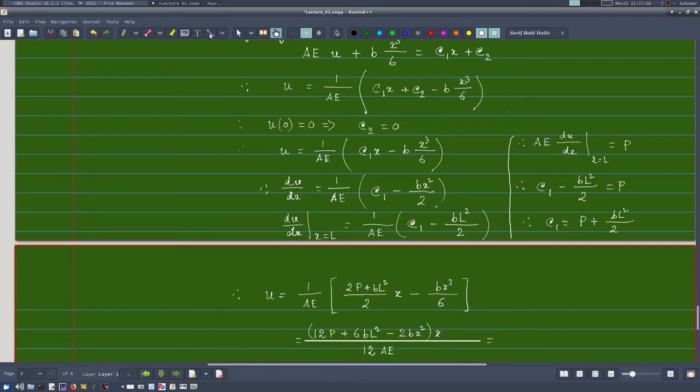Okay, and we can further simplify it. So we can write here it as, if I divide everything both top and bottom by 2, I will get 6P plus thrice BL square minus BX square whole thing into X divided by 6AE.